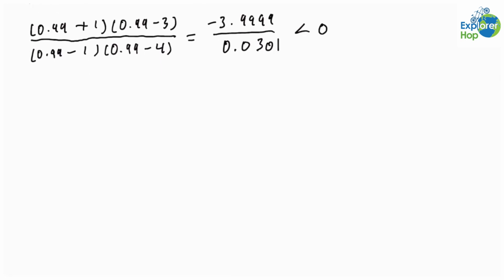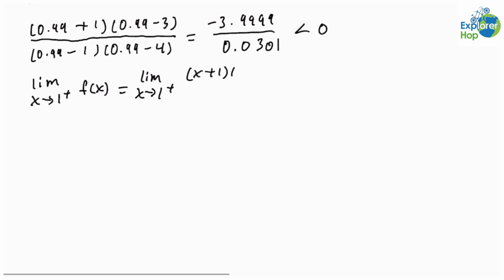Likewise, we can also find the limit as x approaches 1 from the right in the function f of x. Which again is equal to the limit as x approaches 1 from the right in the function x plus 1 times x minus 3 over x minus 1 times x minus 4.